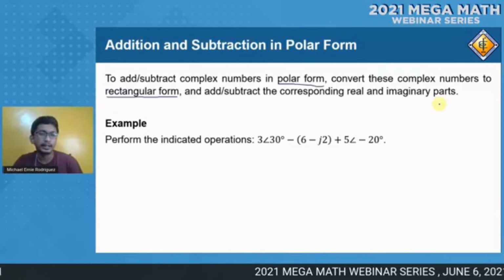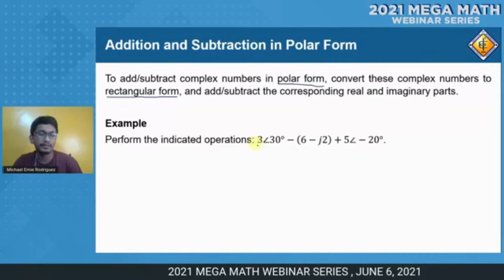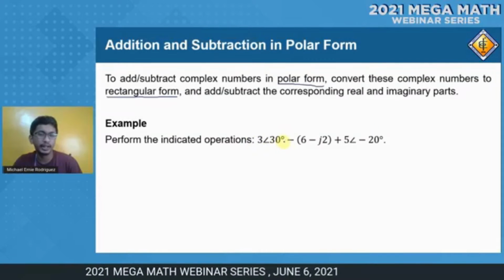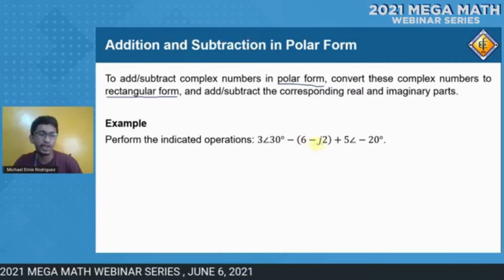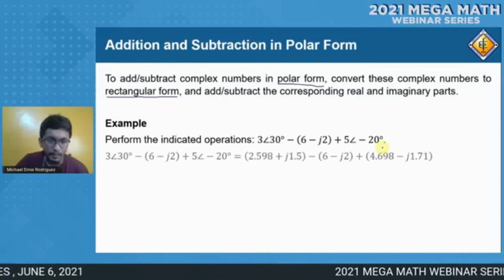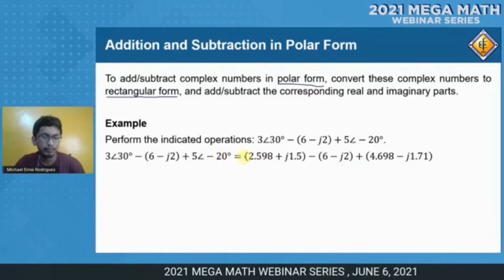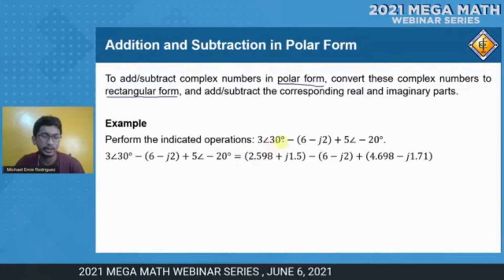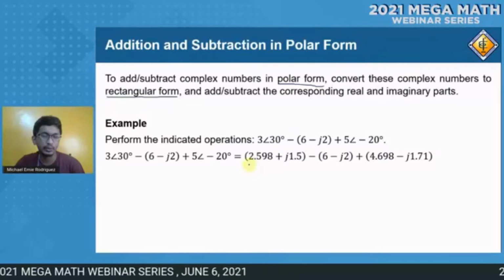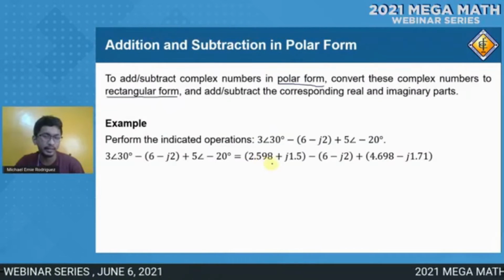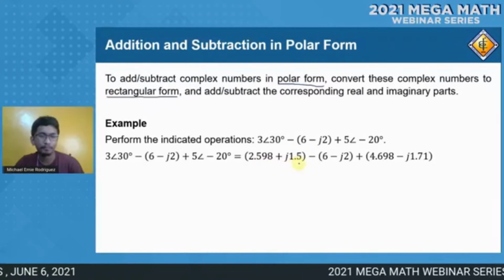So for our example, we have 3 angle 30 degrees minus the quantity 6 minus J2 plus 5 angle negative 20. So this is what we do. We convert 3 angle 30 degrees, that is 2.598 plus J1.5.